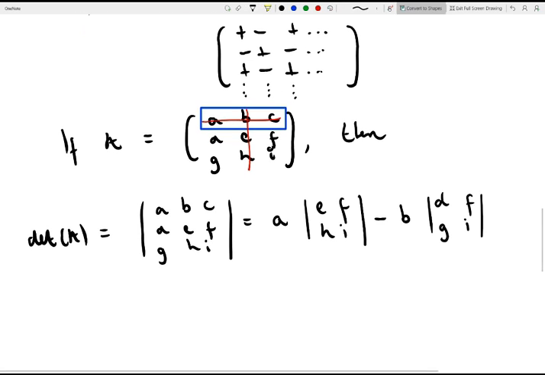And then we remove these red lines. Then we plus on C. Again, we remove this row, this column.